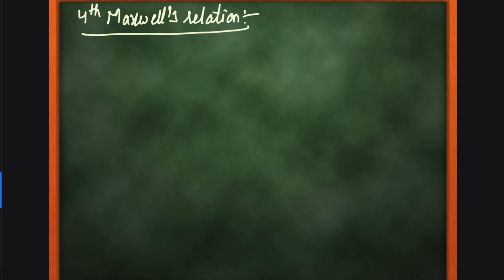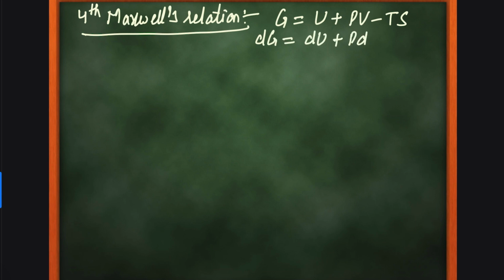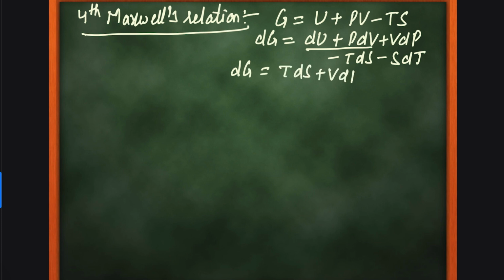We can find the fourth Maxwell thermodynamic equation with the Gibbs free energy, G = U + PV - TS, or dG = dU + PdV + VdP - TdS - SdT. Substituting dU + PdV = TdS + VdP, we get dG = TdS + VdP - TdS - SdT.